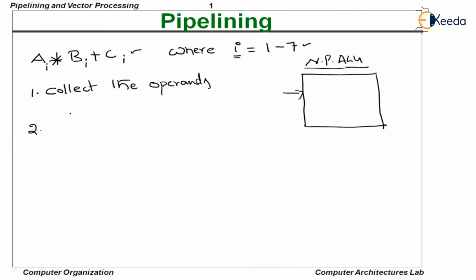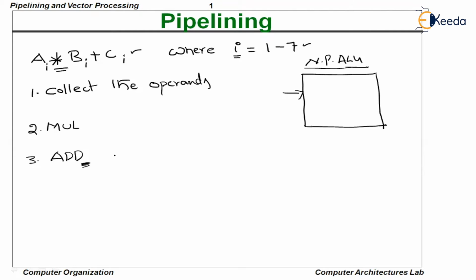Next, identify which operation needs to be performed first. Then the ALU is going to perform a multiplication. And finally, it has to perform addition. So for one instruction, the ALU needs to perform these 3 operations. The first operation is collecting the operands, the second operation is multiplication, the third operation is addition.